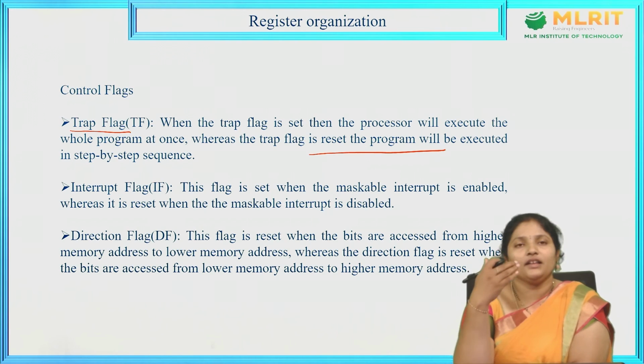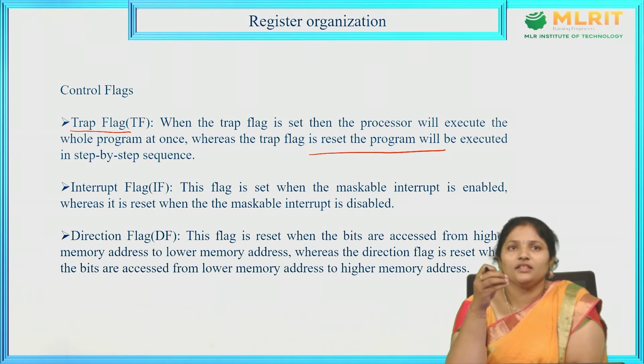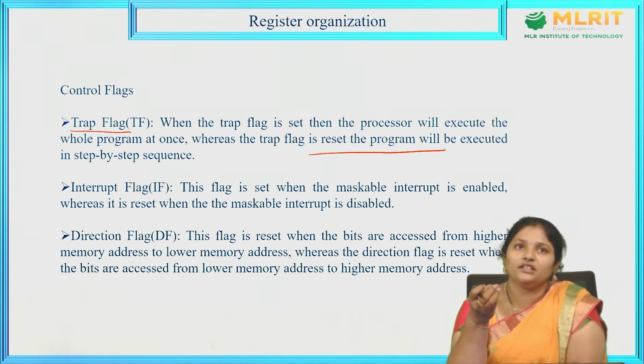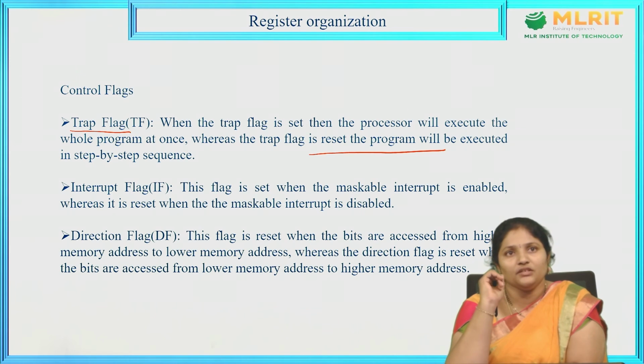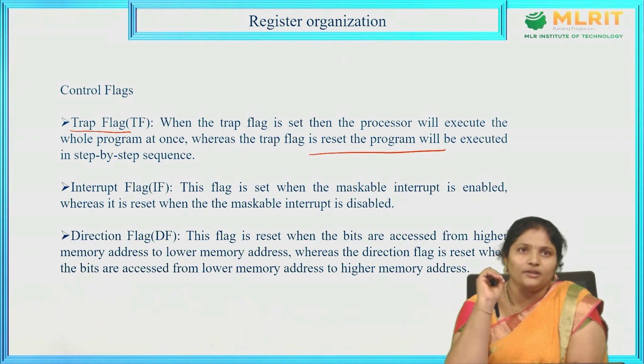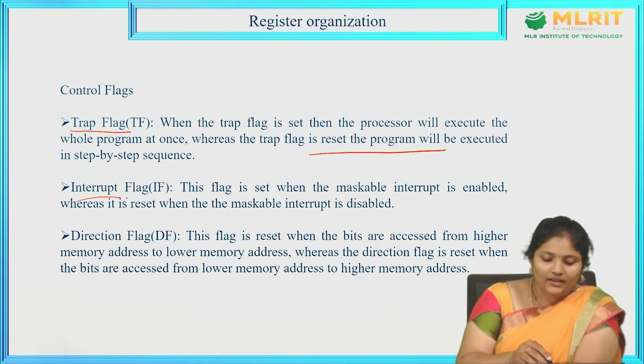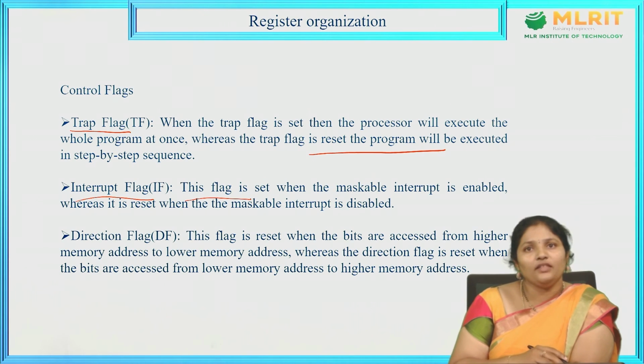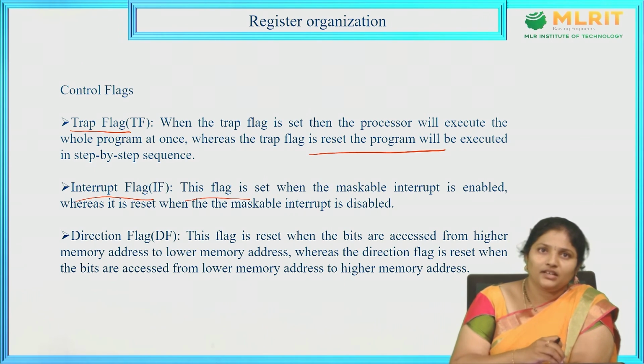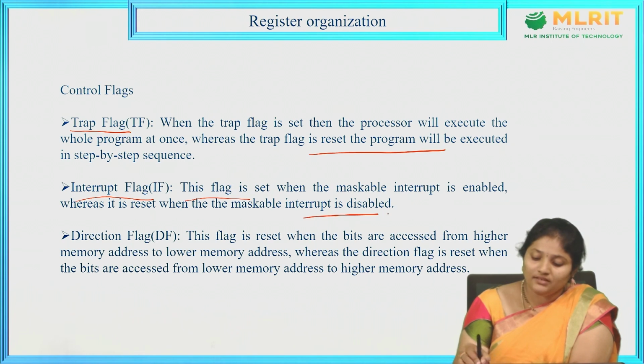So with the trap flag set, the first instruction is executed, then the next one, one instruction at a time. The interrupt flag is set when the maskable interrupt is enabled, whereas it is reset when the maskable interrupt is disabled.